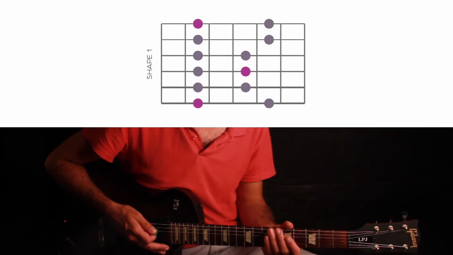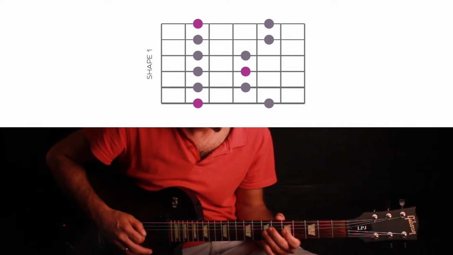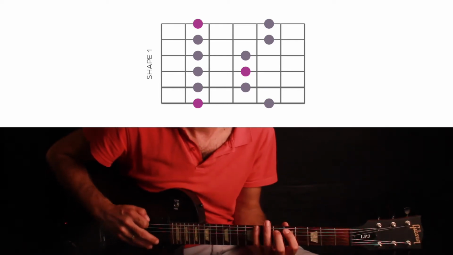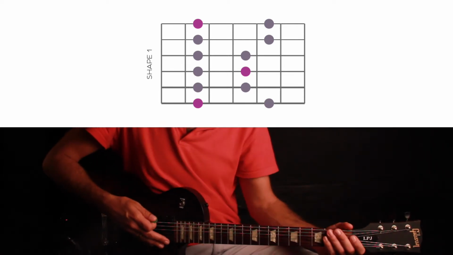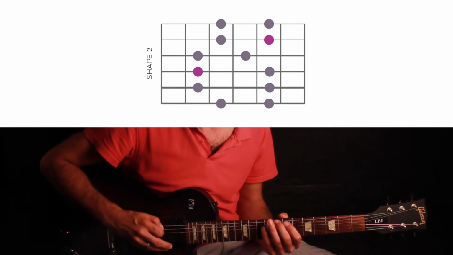So let's check all the 5 positions of the pentatonic scale. The first one looks and sounds like this. The second one, which is the C shape, looks and sounds like this.